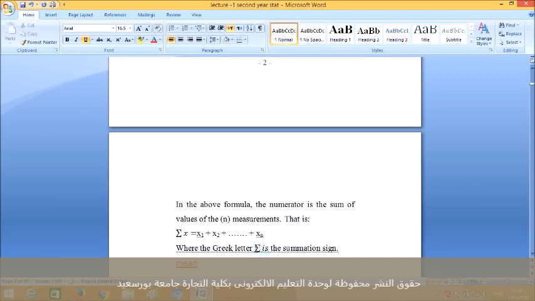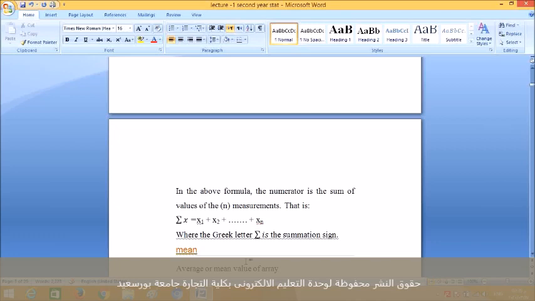The Greek letter sigma is a summation sign. But we have another sigma which represents the standard deviation. So you have to differentiate between the capital sigma and the small sigma. Okay?